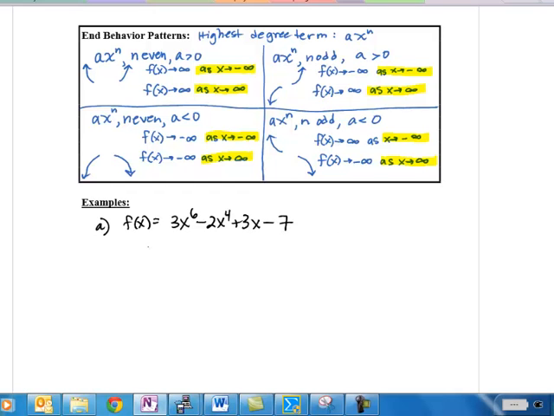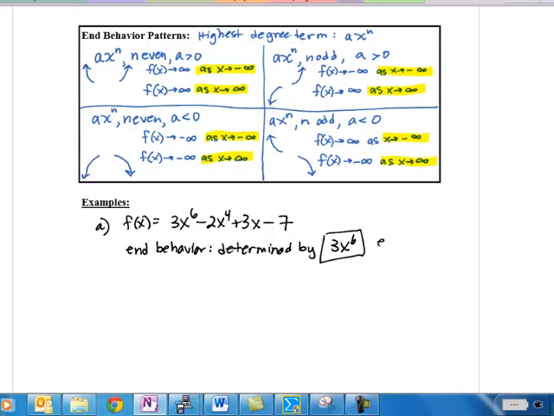The end behavior will be determined by 3x to the 6th, because that's the highest degree term.